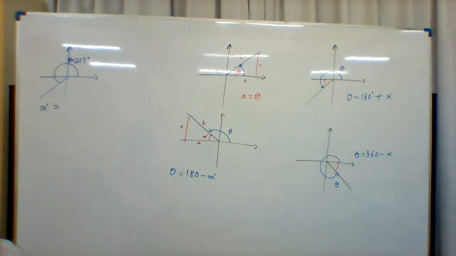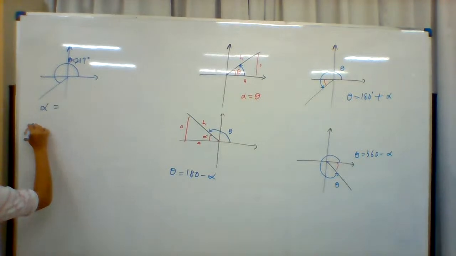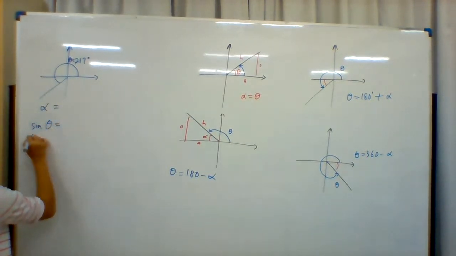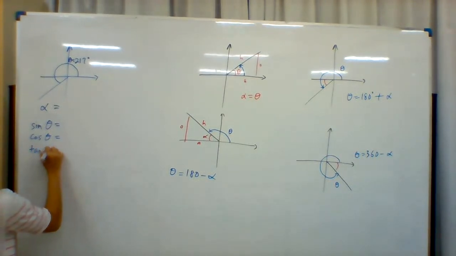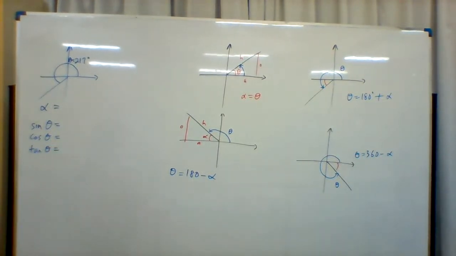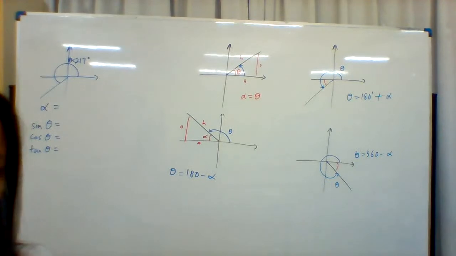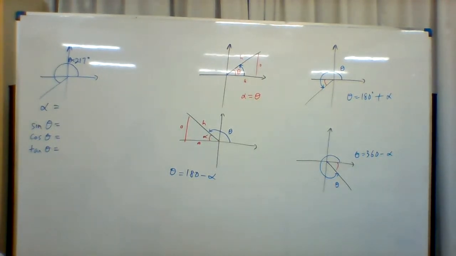And I want to know your sine, cos, and tangent in terms of your basic angle, meaning you have to compare back to your basic angle. That's why we have to know the difference between the basic angle and the theta.